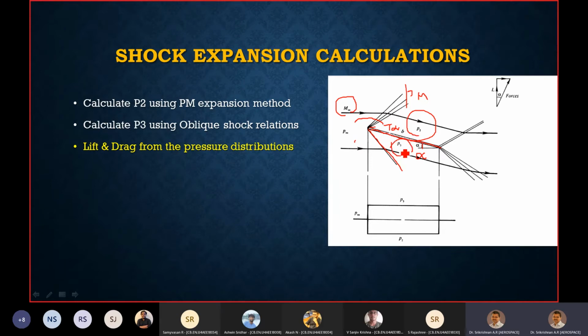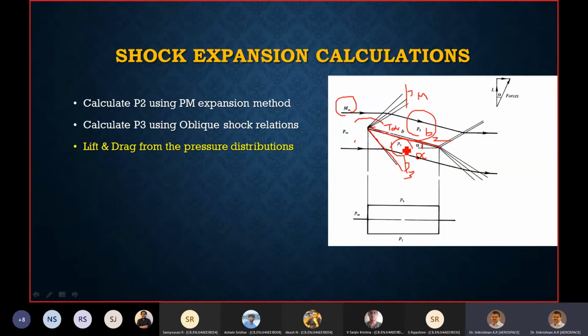This is P2 and this is P3, the pressure distribution on the sides. So P2 and P3 can be calculated using the expansion fan and oblique shock respectively. We are again using the shock expansion calculation: on one side shock, on the other side expansion, using the combination to get the entire pressure distribution. Once we know P2 and P3, we can calculate whatever aerodynamic forces you want, lift, drag, etc., depending on the direction that you resolve it.